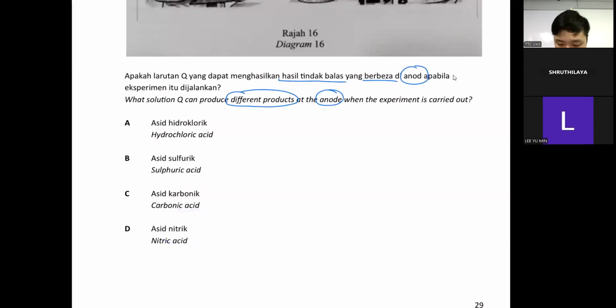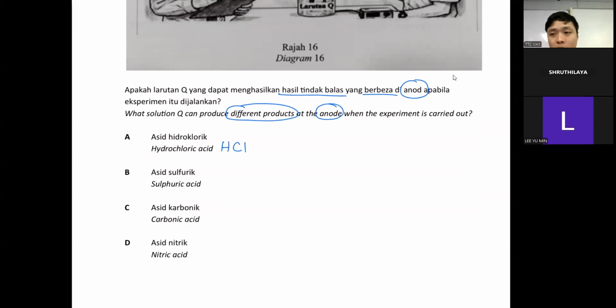A, hydrochloric acid, contains what ions? Remember, we also learned in Form 4, Chapter 6, you have to put the acid inside water. Then only the acid can ionize. Water, H2O, has two ions, H plus and OH minus.